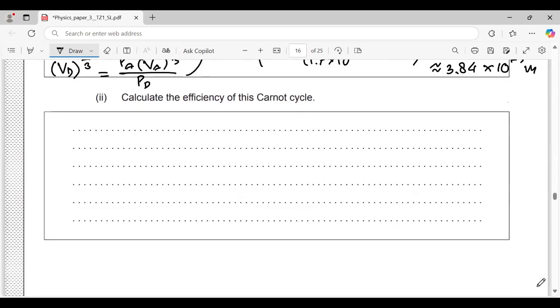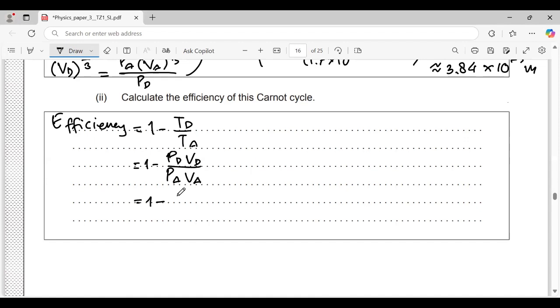Calculate the efficiency of this Carnot cycle. Efficiency is 1 minus Td over Ta, and Td over Ta is Pd Vd over Pa Va.